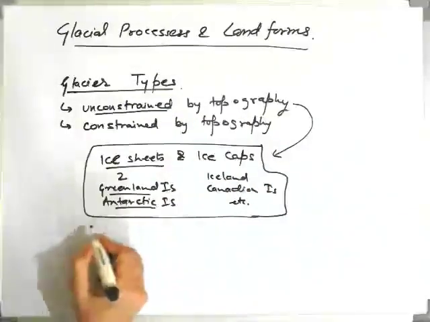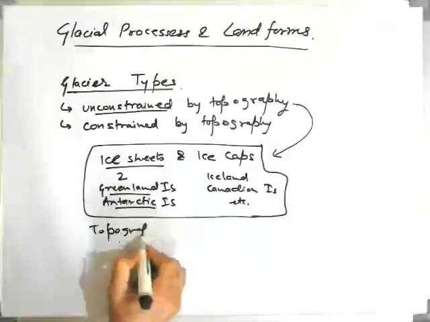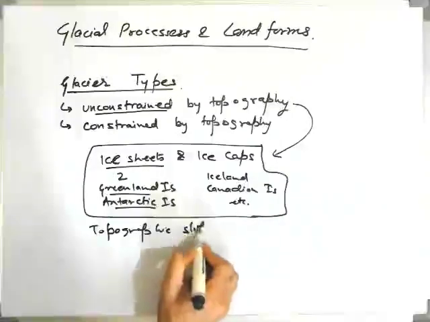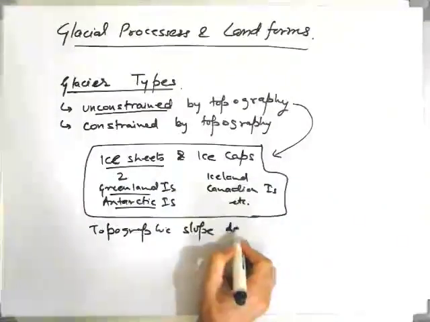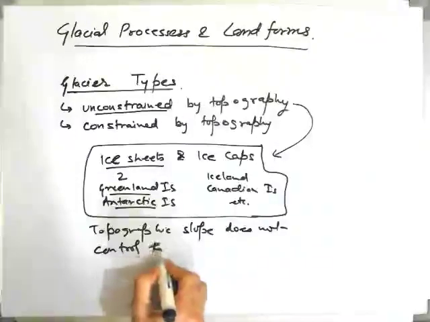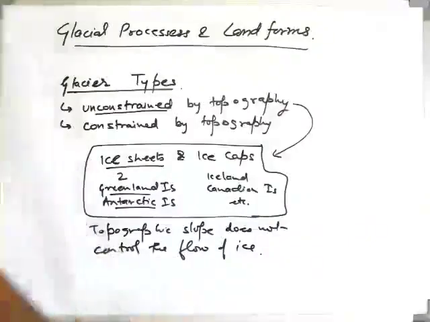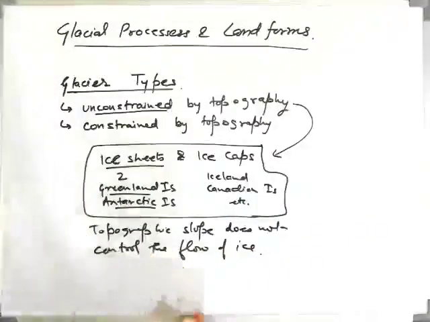It means that the topographic slope does not control the flow of ice.